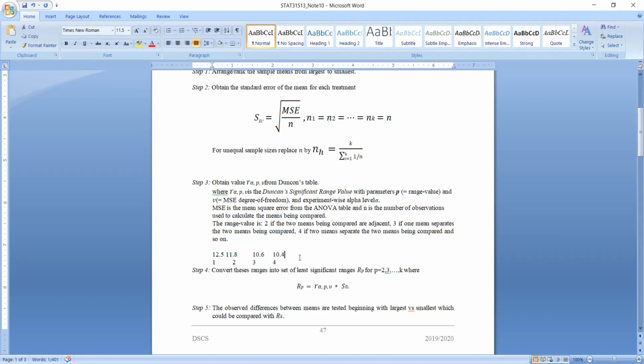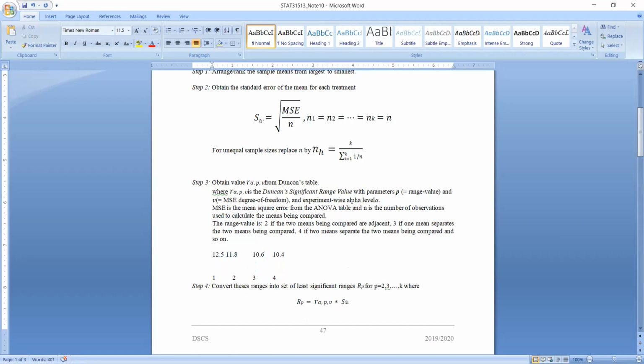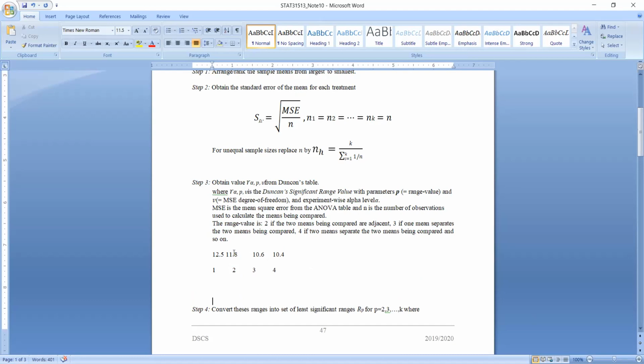In this particular example, since you have 4 mean values, you can compare any two consecutive mean values, and the gap would always be equal to 0. So for P, you can take 2. P is starting from 2. If the gap is equal to 1, if you have one observation in between the two means you compare, you can take it as 3.